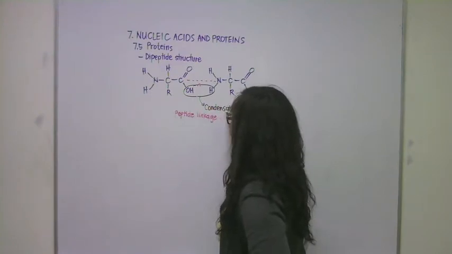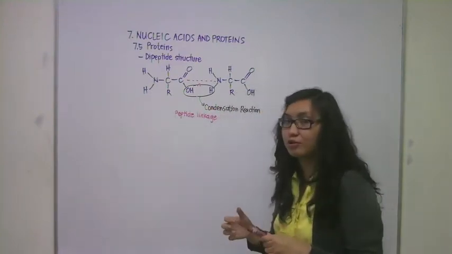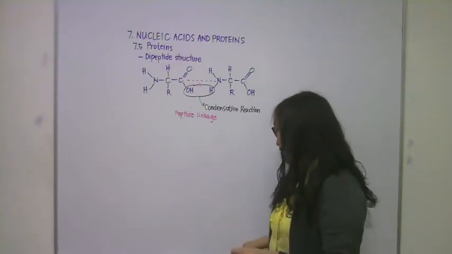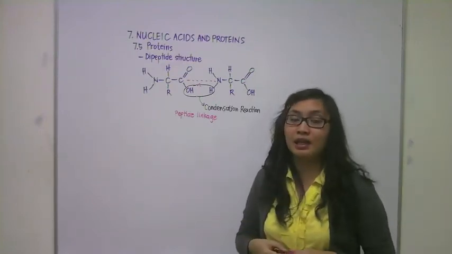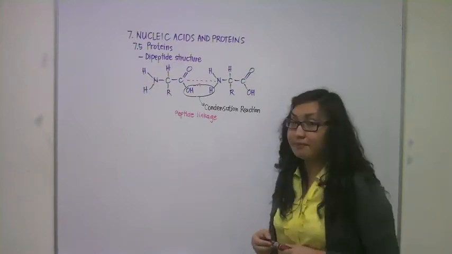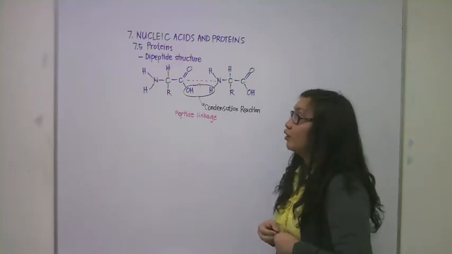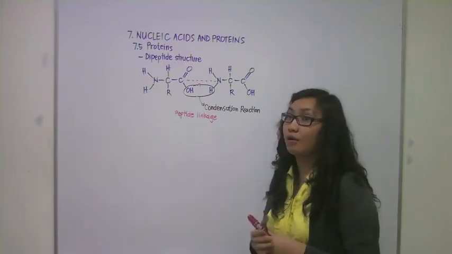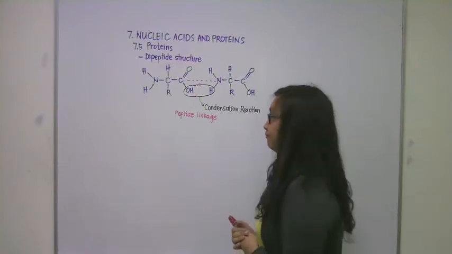The student should be able to know that the most basic linkage present in amino acids is the peptide linkage. Next, we are going to discuss the levels of protein structure.